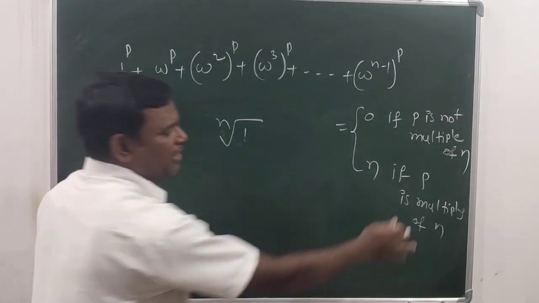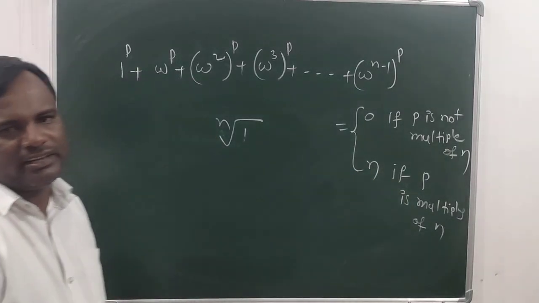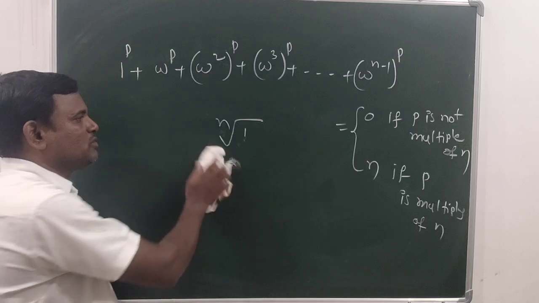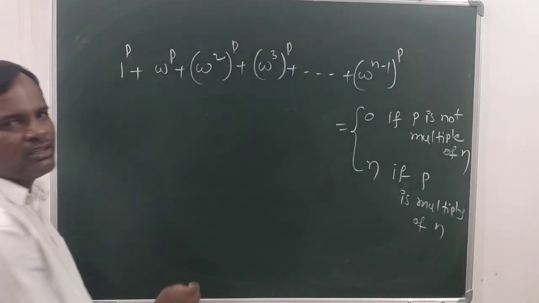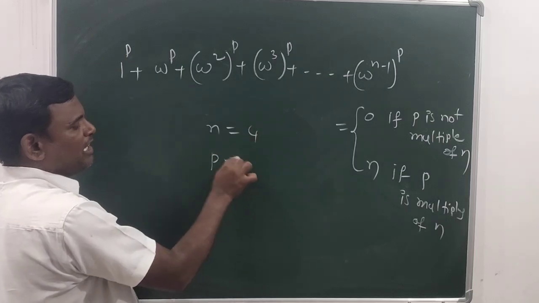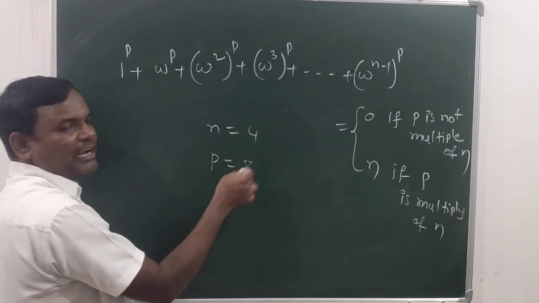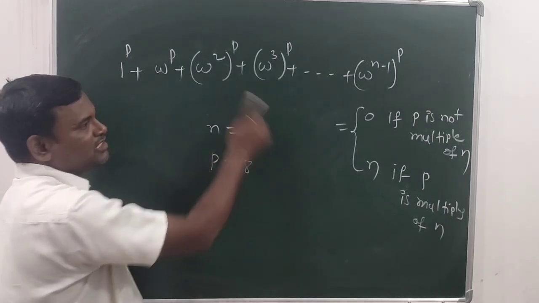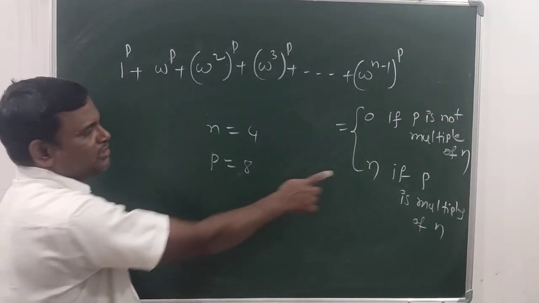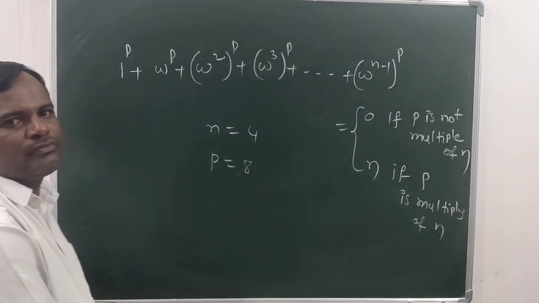If it is a multiple of n, the result would be n. If you want, you can check by taking any values for n and p. Suppose you take n value as 4, p you can take any multiple of 4 like 8 or 16. In such a case, the result would be n, you will get.